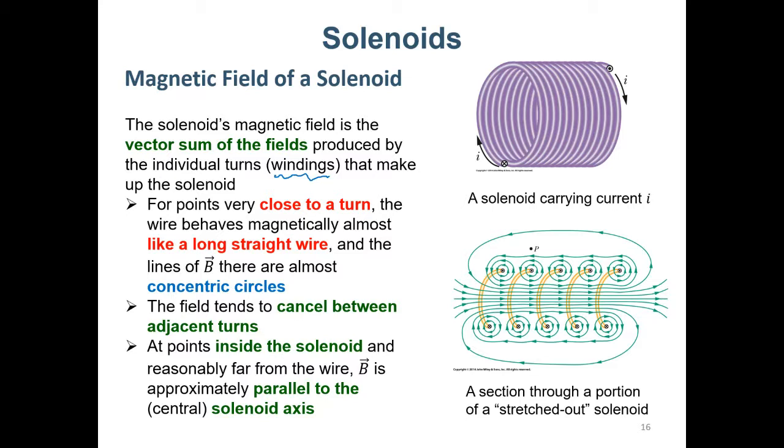So the magnetic field in this part should be something like this, and this one and this one, all of them are rotating clockwise. For that one, because this one is going out, this one going in, this one going out, for this part the magnetic fields are rotating counterclockwise.